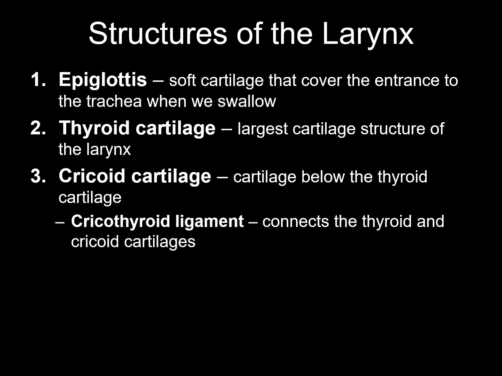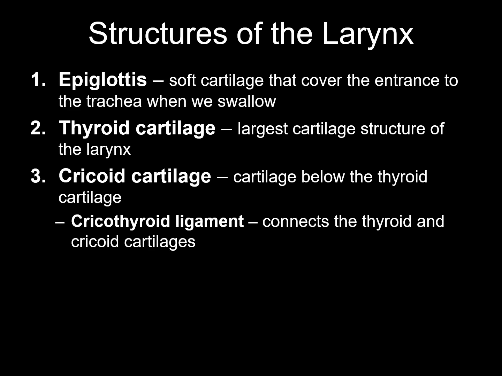So now we'll talk about those specific cartilages I was talking about earlier of the larynx. So the larynx is the opening into the trachea, and we have a couple of these cartilages, and there are quite a few of them, but we'll talk about the ones I want you to know. So the epiglottis is probably one of the most important ones for swallowing, and it is a soft cartilage.